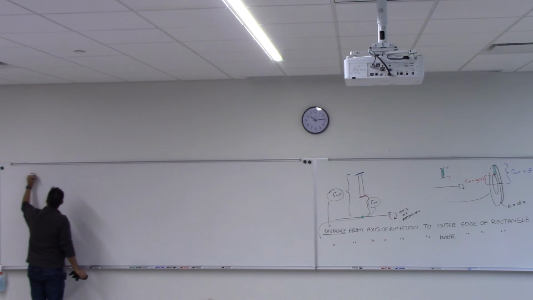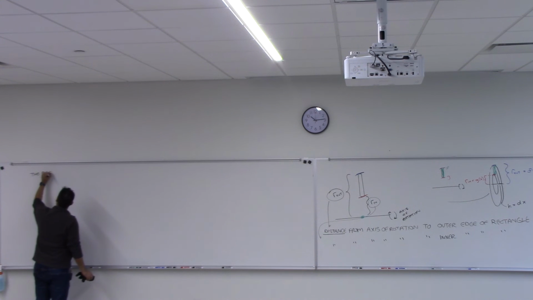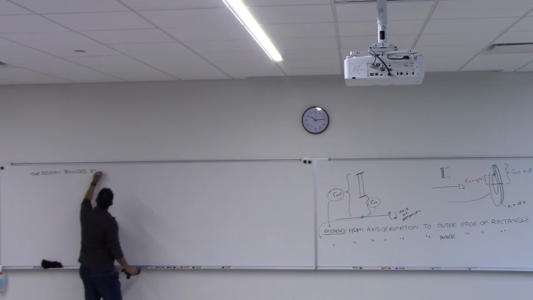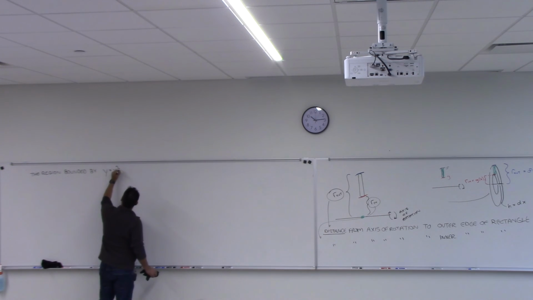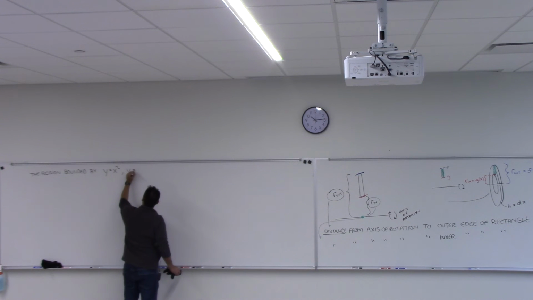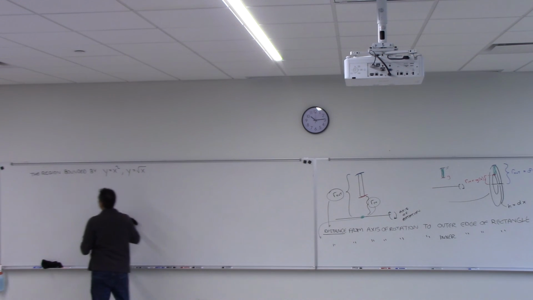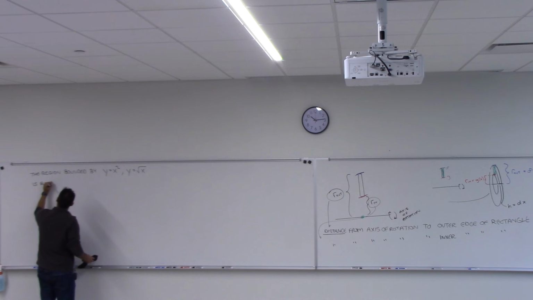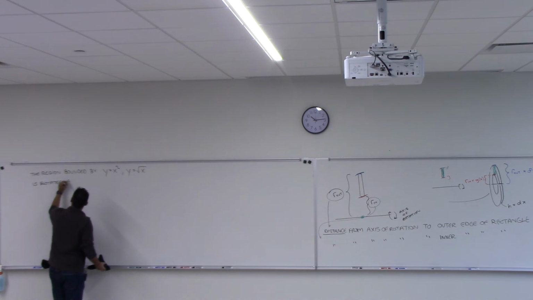The region bounded by y equals x squared and y equals the square root of x is rotated about the x-axis.